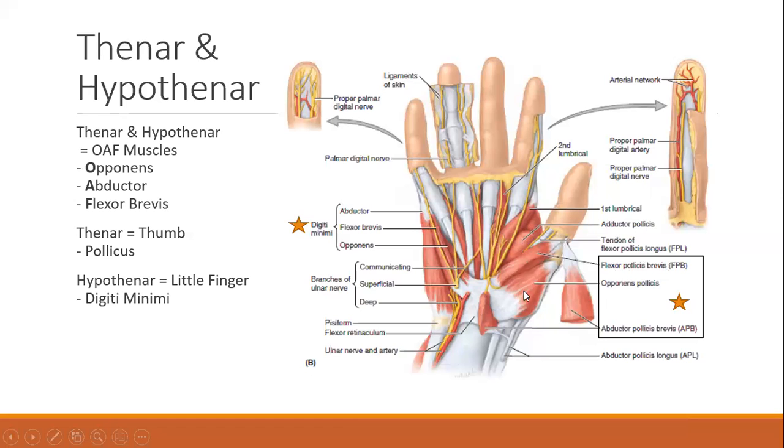These are the three muscles of your thenar eminence. For your hypothenar eminence, you have your opponens digiti minimi, your abductor digiti minimi, and your flexor digiti minimi brevis. So that's the hypothenar eminence.